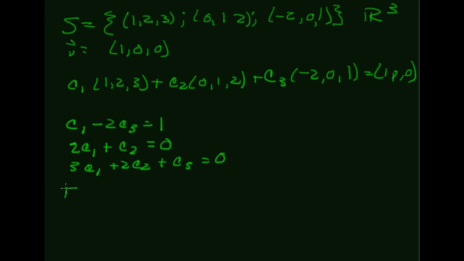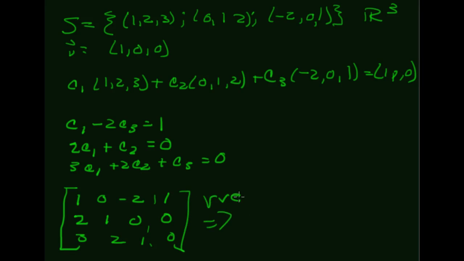Right, so this as an augmented matrix is 1, 0, -2, 1, 2, 1, 0, 0, 3, 2, 1, 0, and you can check if you apply Gauss-Jordan to that, we get the identity on this side, and the solution column is -1, 2, -1.